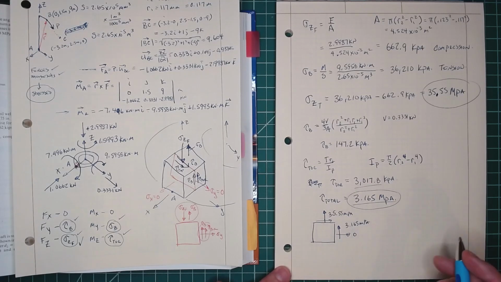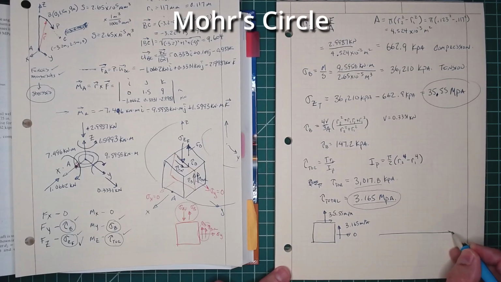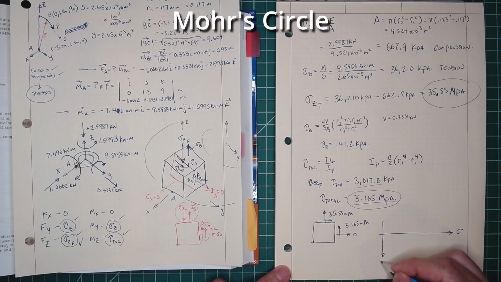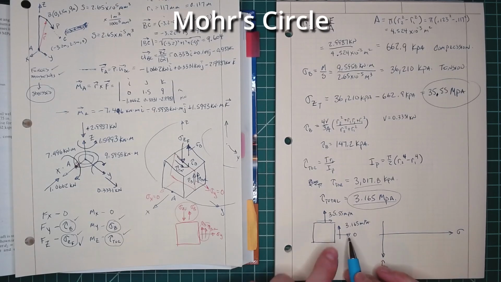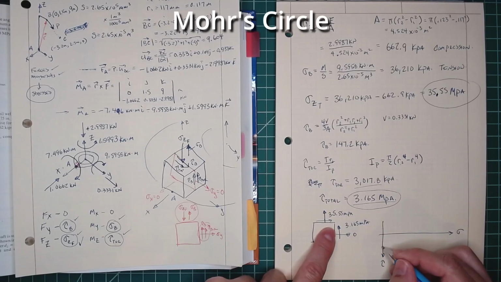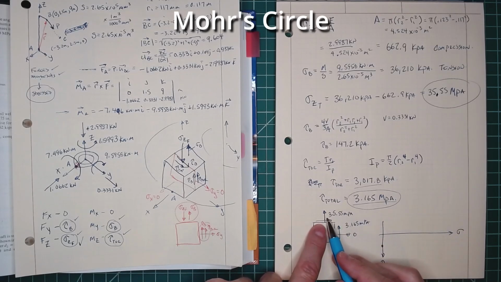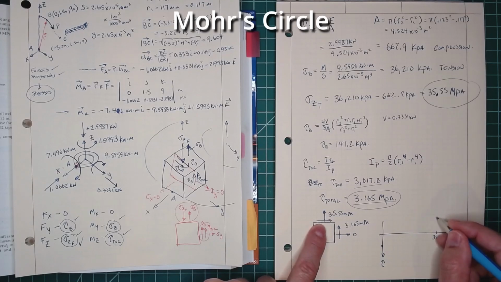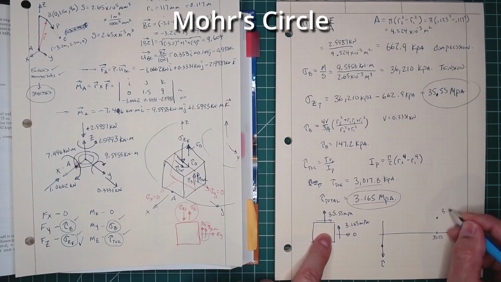Remember, we can do this with Mohr's circle. So if we do that with Mohr's circle, we use our sigma and our tau, and tau is in the negative direction here. So we can look at this face: sigma is 0, and our tau is 3.165. So this is going to have a point right here. Then our second face has 335.55, and we go up to 3.165 megapascals.